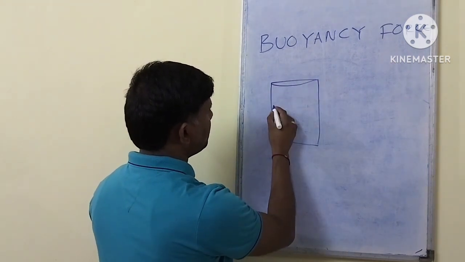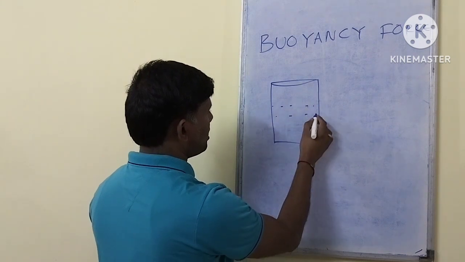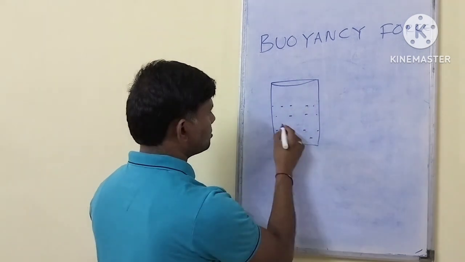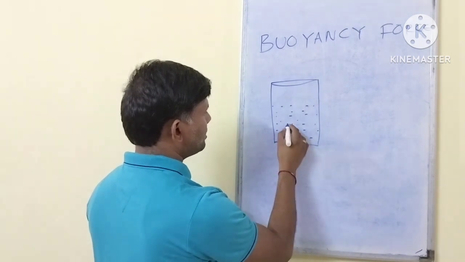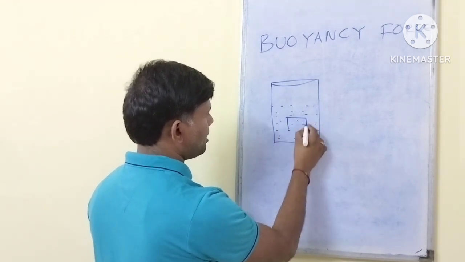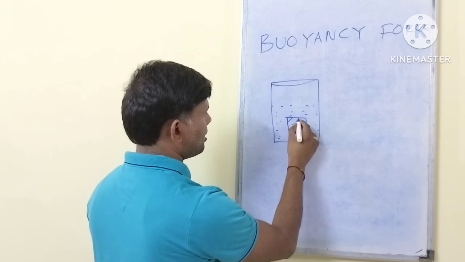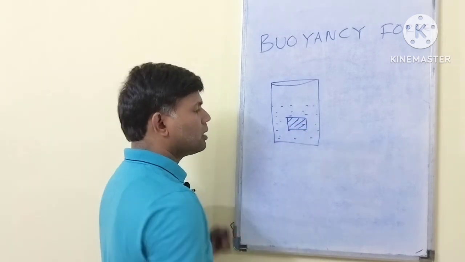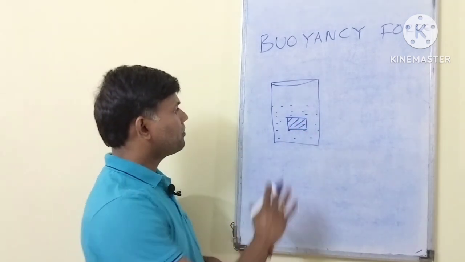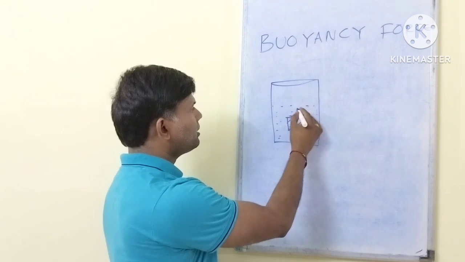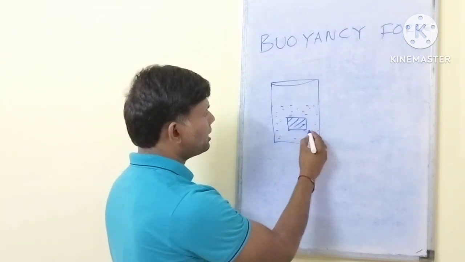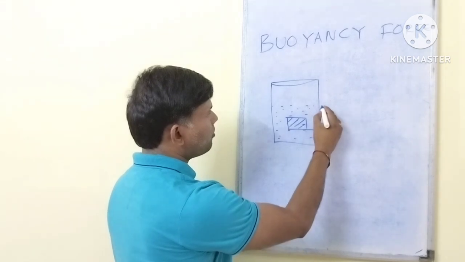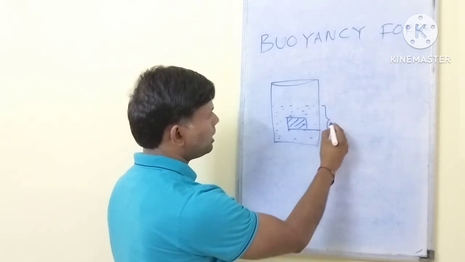Same container, it's filled with water. Suppose this object is floating somewhere inside. Suppose the object is here. Okay? The pressure inside the fluid or liquid, suppose at this point the depth from the top is h1.